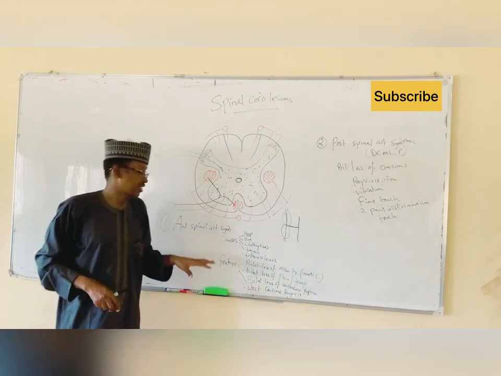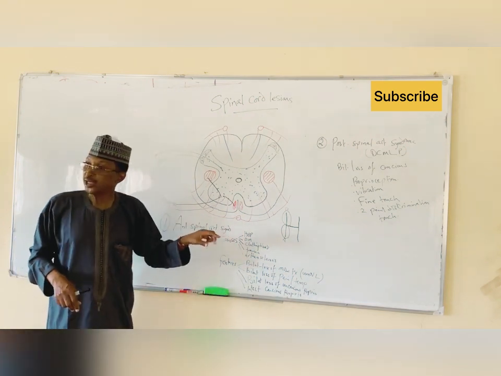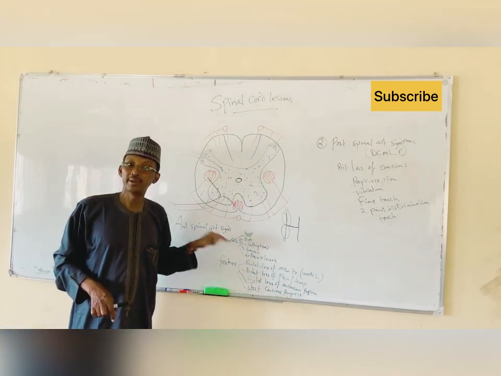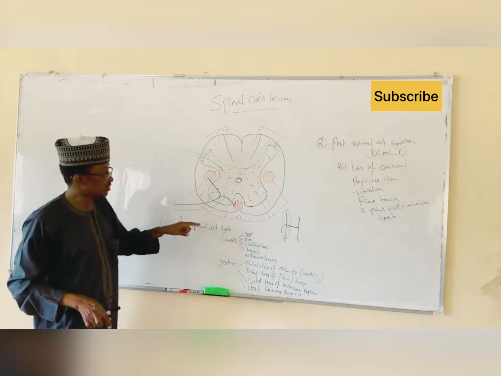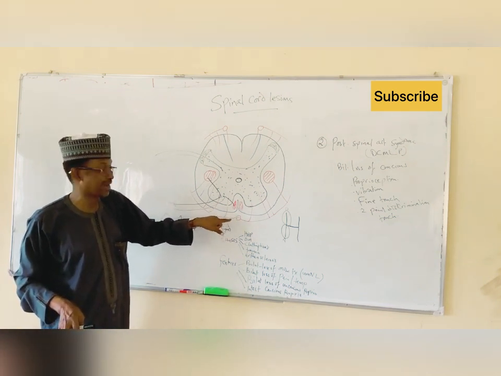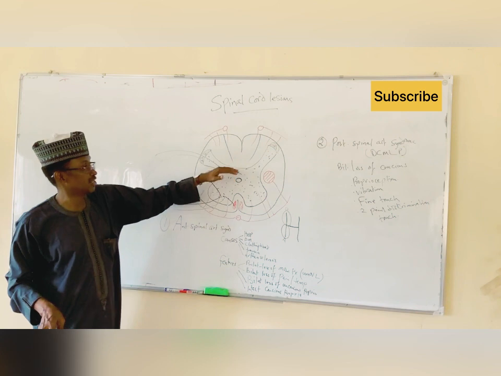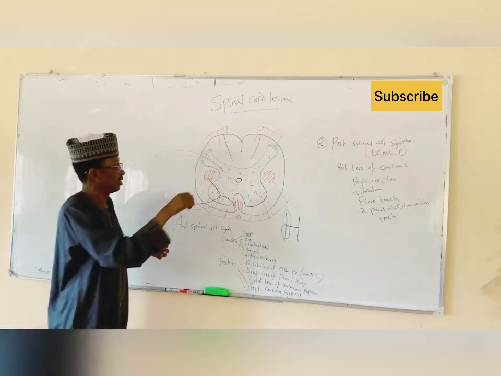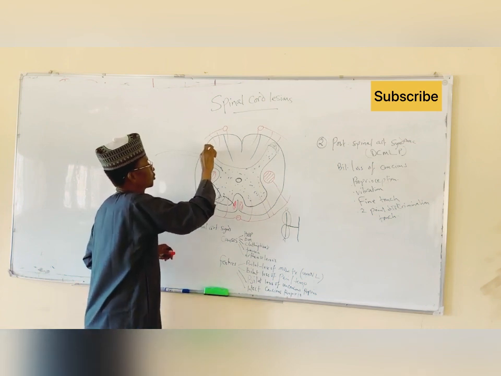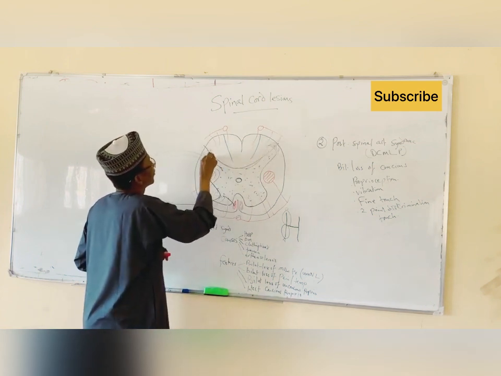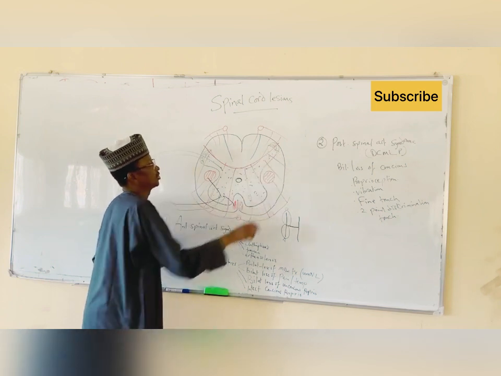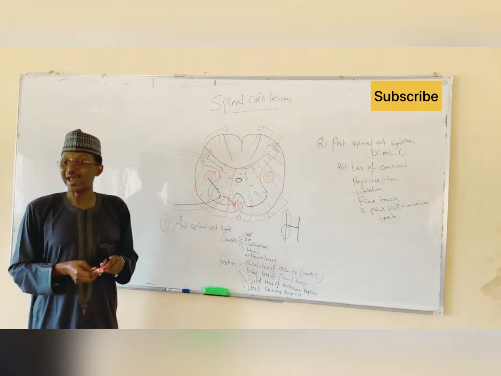This anterior spinal artery syndrome is one of the lesions of the spinal cord. Once this anterior spinal artery is occluded, note that it supplies the anterior two-thirds of the spinal cord. So the anterior two-thirds of the spinal cord, everything here, is supplied by the anterior spinal artery.